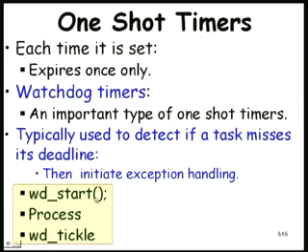If the process completes before the watchdog timer expires, that means it has completed within its deadline, then we do not need the handler routine to be invoked, just say WD tickle. This is the system call that is invoked to reset the watchdog timer. So, this is typically the structure of every task to check whether the task is completing within its required time, otherwise a handler routine will be invoked.